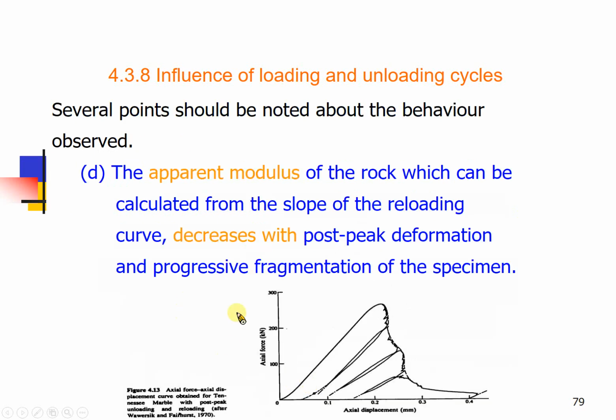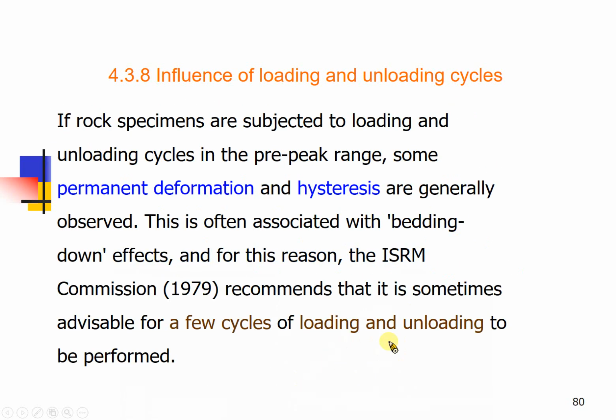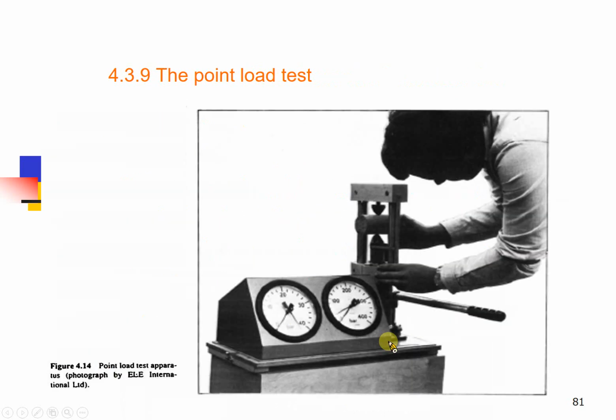I already mentioned this to you. The modulus will decrease. Okay, so these will be the characteristics of rocks subject to loading and unloading. So this will be the influence factor on the rock mechanical behaviors.